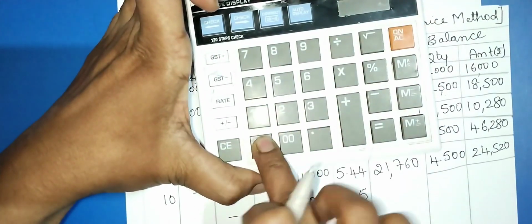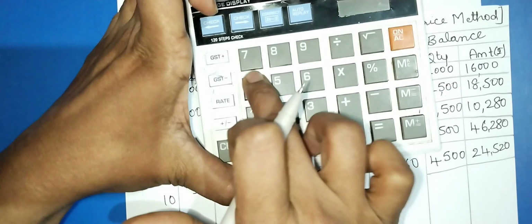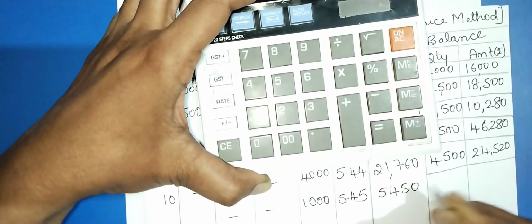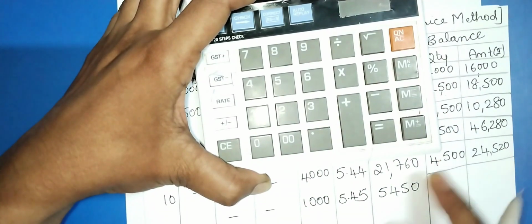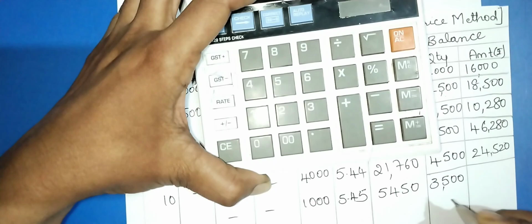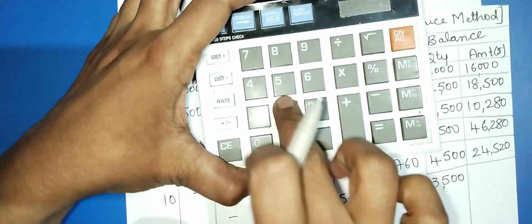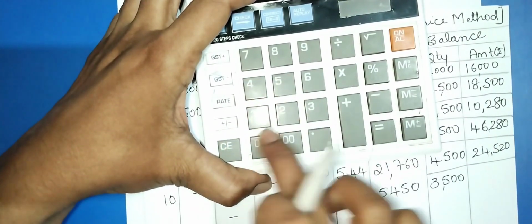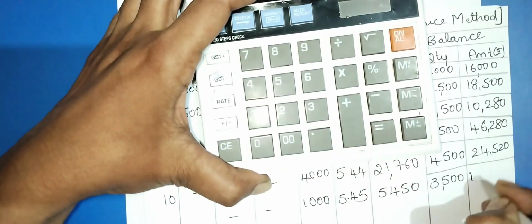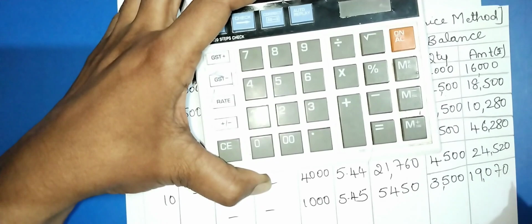Now 1,000 into 5.45 is 5,450. So out of 4,500 issued 1,000, remaining balance was 3,500. Out of 24,520 minus 5,450, the balance is 19,070.